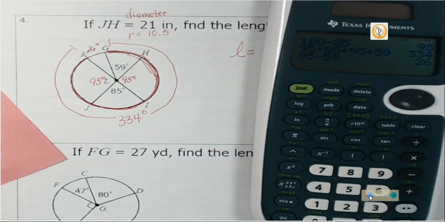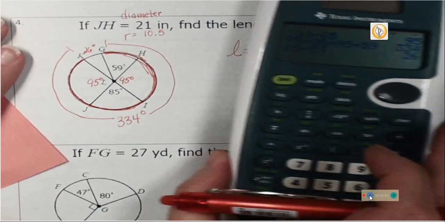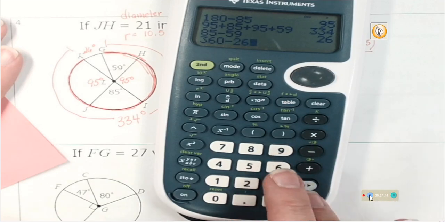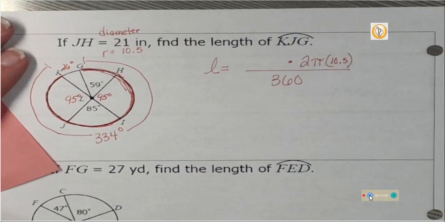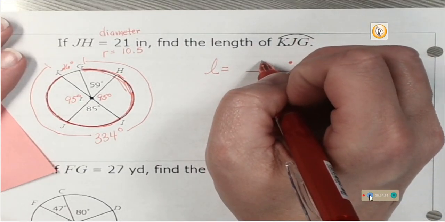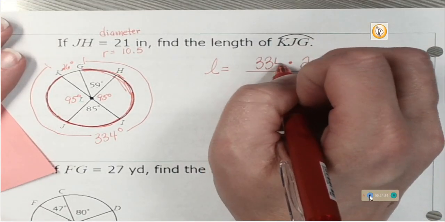So if I need everything except that 26 degrees, I would do 360 minus 26 to get 334 that I am going to use. So there's a couple of different ways to do that. Your arc KJG is 334 degrees.